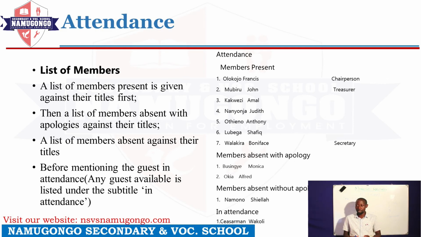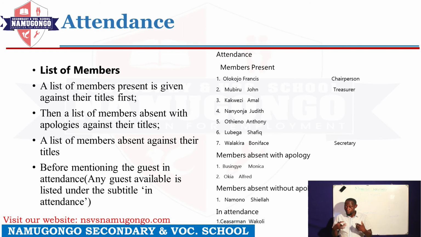Then we had other members, Kakwezi Amal, a member, Nanyo Judith, a member, Othieno Anthony, a member, Lubega Shafiq, a member, and then Walatira Boniface happens to be the secretary. What we see here now, the first person could or should be the chairperson. The last person always should be the secretary.